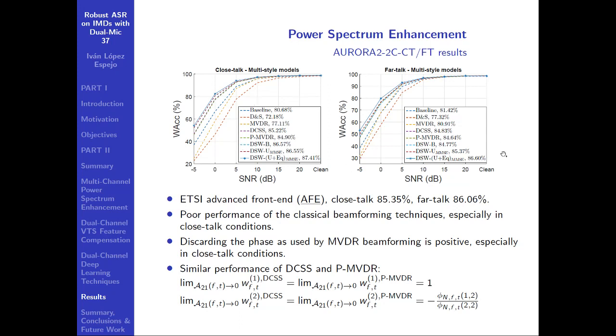And in these captions, next to the name of every technique, we can see the average word accuracy from -5 decibels up to 20 decibels. First, baseline means using noisy speech features with no compensation. And as we can see, the best results are achieved by our dual channel spectral weighting with bias correction and noise equalization.